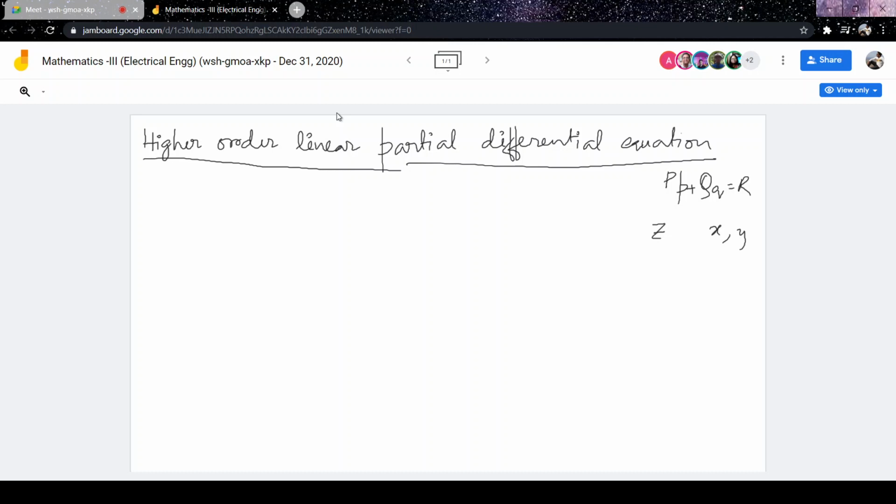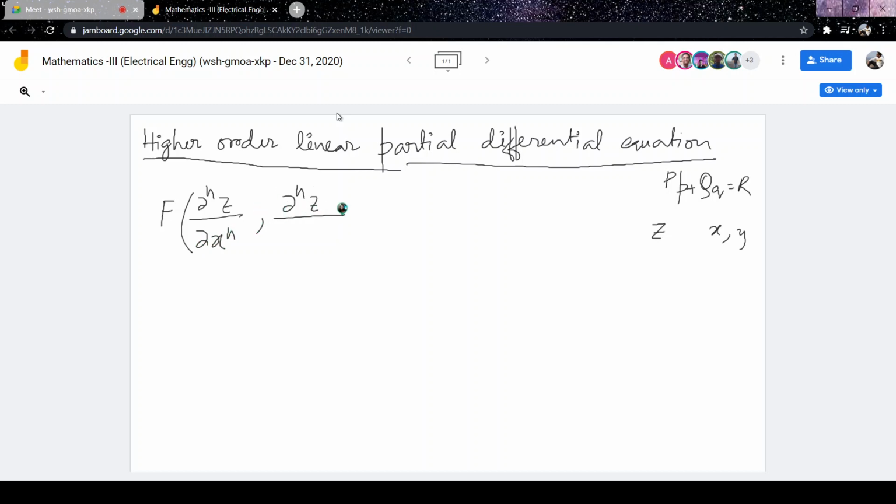Otherwise, in partial differential equation, you can have multiple number of independent variables. So now suppose we have a partial differential equation between z and x and y. So a general, that is of higher order partial differential equation, may be written as, suppose it is nth order, so I will have this type of terms.